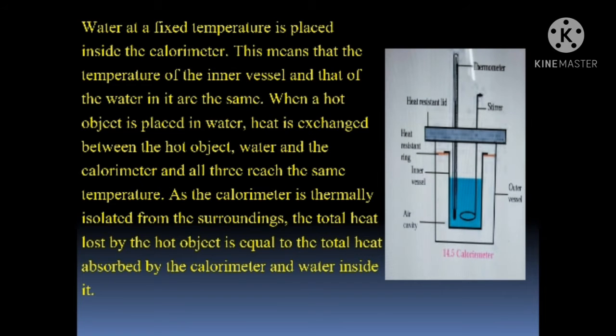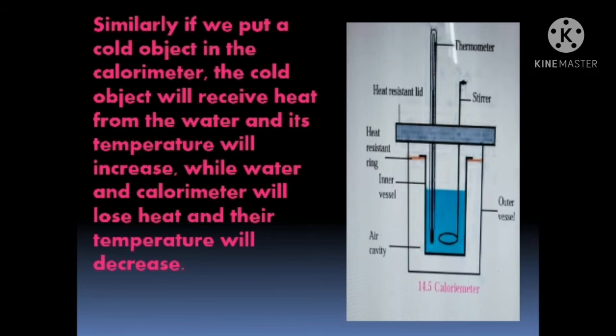So students, normally whenever we place an object inside the calorimeter, the object will gain heat if the temperature of the object is less than the water. Or if the temperature of the object is more than the water inside, then it will lose heat in order to maintain balance and equilibrium.